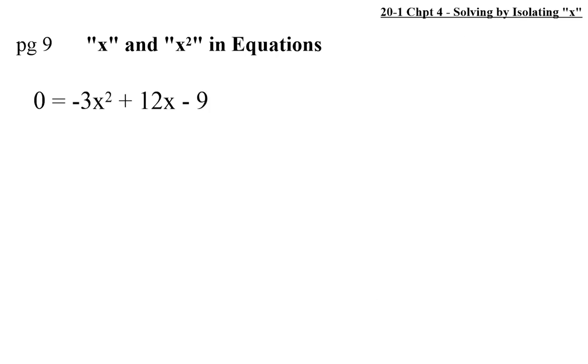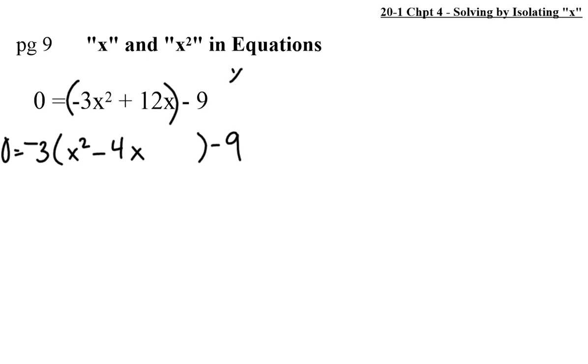So here we go, last example. And then you're going to have a chance to get some work done. So here we go. Negative 3x squared plus 12x minus 9. Complete the square. Take out a negative 3, leaves us with x squared minus 4x minus 9.